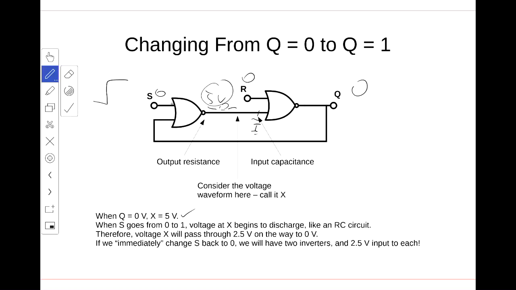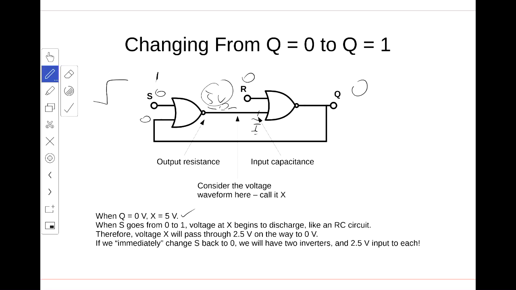When I change the input to this gate, its output is going to be some FETs, and they have a resistance. So the output of this gate has got some resistance, and it's trying to pull the voltage here to 0. Because if this were an ideal gate, when S goes from 0 to a 1, and this guy's a 0, then its output needs to change from a 1 to a 0.